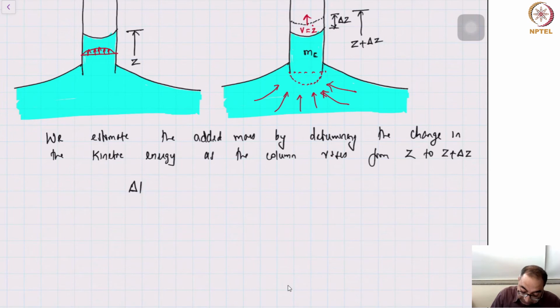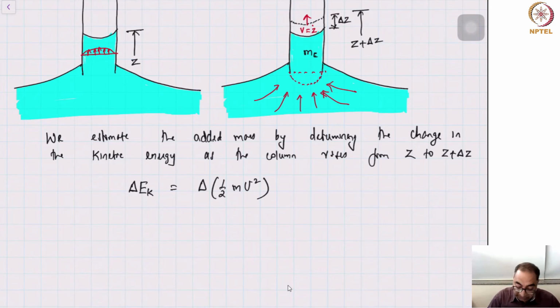So the change in kinetic energy, let's call it delta E_k, is the change in half m u squared. Let's determine what this m is.